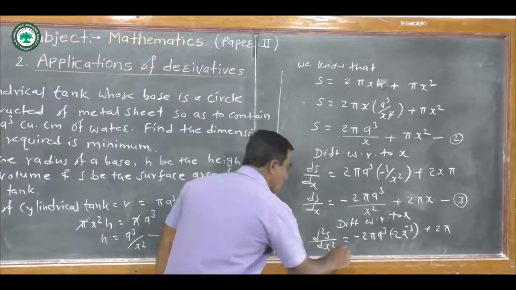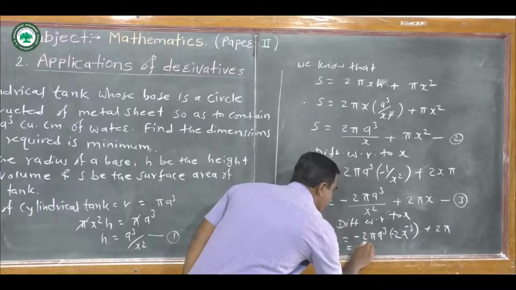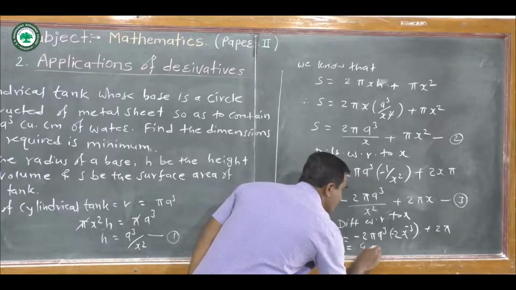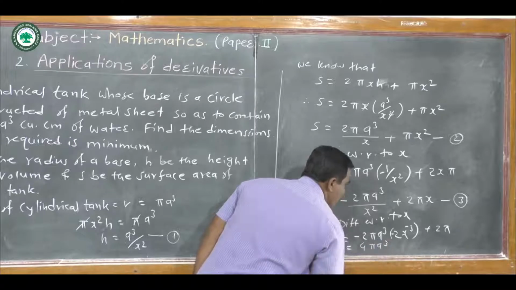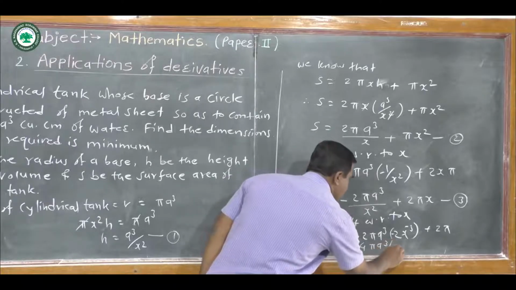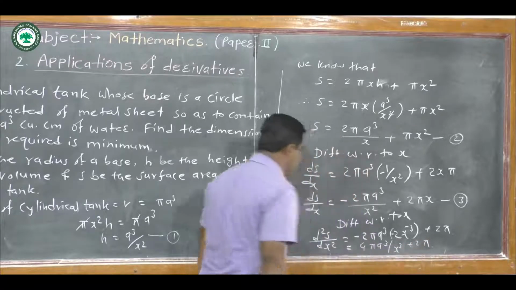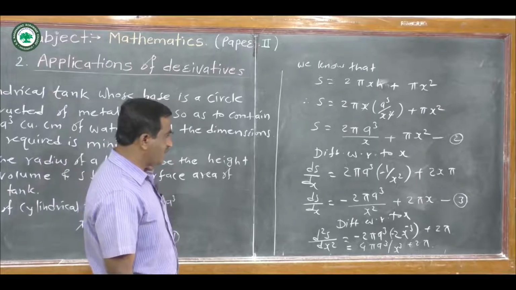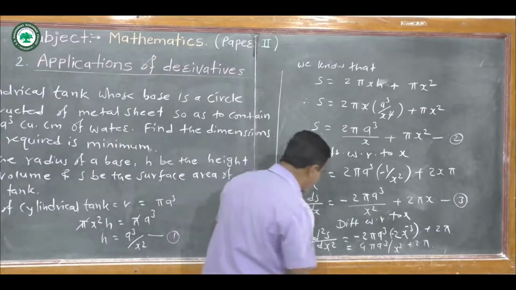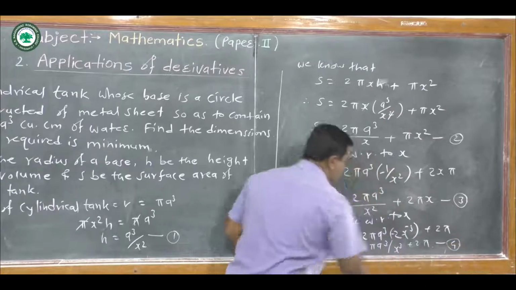That is equal to, minus into minus, plus 4 pi a cube upon x cube plus 2 pi. This is the value of d square s by dx square. Say this as equation number 4.